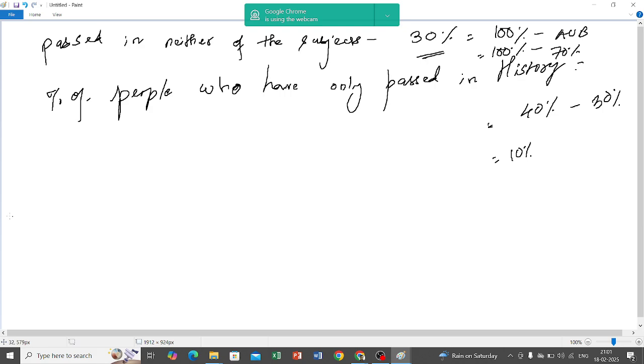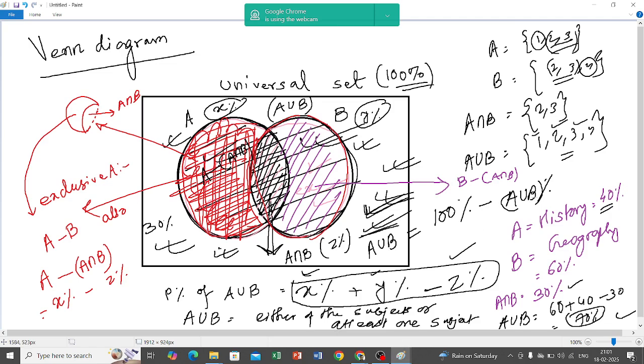Now tell me percentage of people who have only passed in geography? 30%. Yes, sir. Tell me, Sutanuka, what will be your answer? Percentage of people who have passed in only geography. 60 minus 30, sir. 60 minus 30%. 30. Ananya, did you understand?